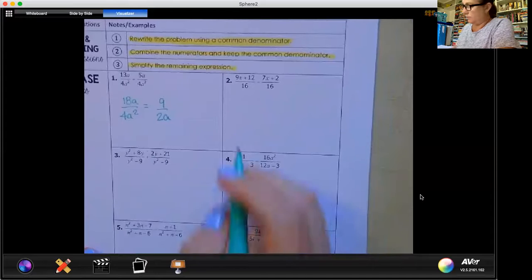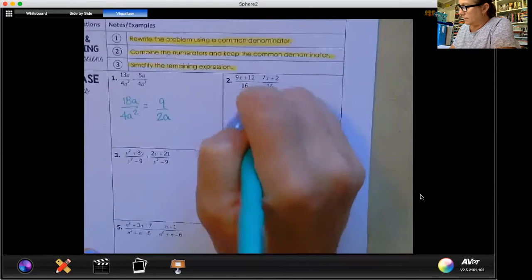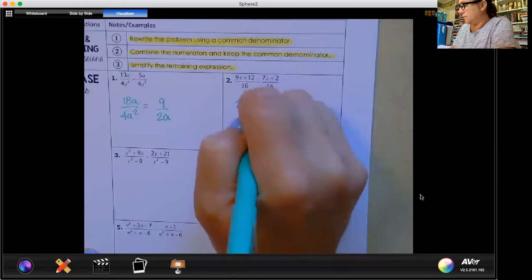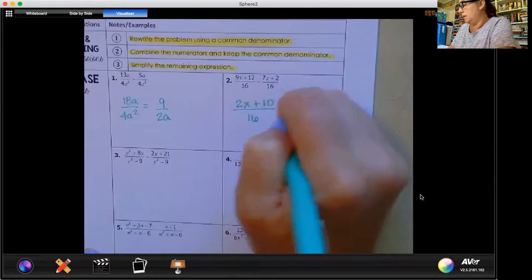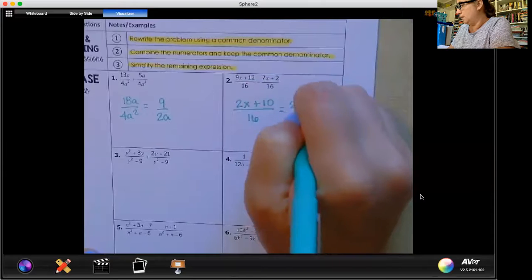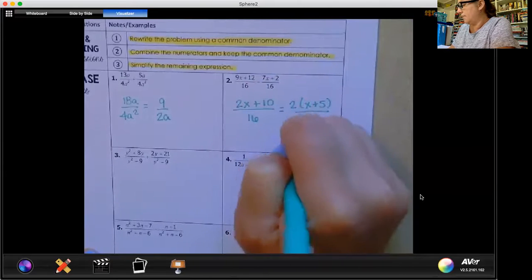And for problem number 2, we have 9x minus 7x, so 2x, and 12 minus 2 is 10 over 16. And that's 2 times x plus 5 over 16, which is x plus 5 over 8.